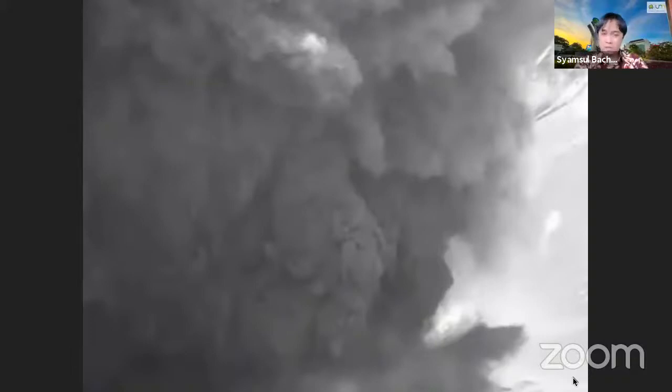This is the eruption activity at that time. This is how, at the end of the section, you will see people are praying.